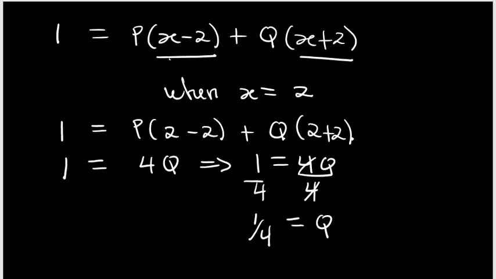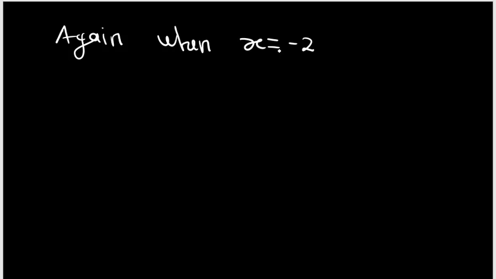We do the same thing for the other linear factor. So again, when x is equal to -2, that is when you take the x plus 2 and then equate it to 0, we are going to get x to be equal to -2.